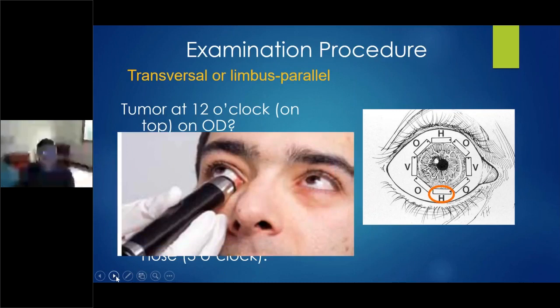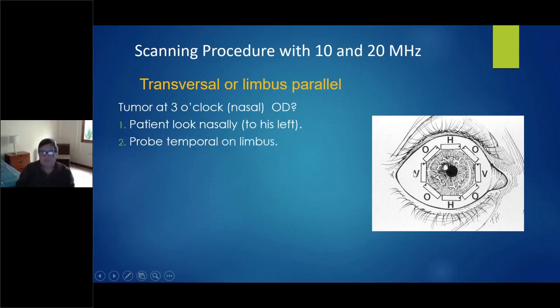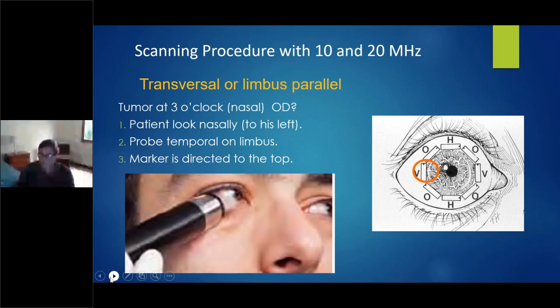Okay, if you know that the lesion is at 3 o'clock, nasal, right eye, you make the same. The patient looks nasally, that means to his left. The probe will be put temporal on the limbus, and this is the way I can show you. You are always opposite. It's so easy, but sometimes it is very important to point at that.